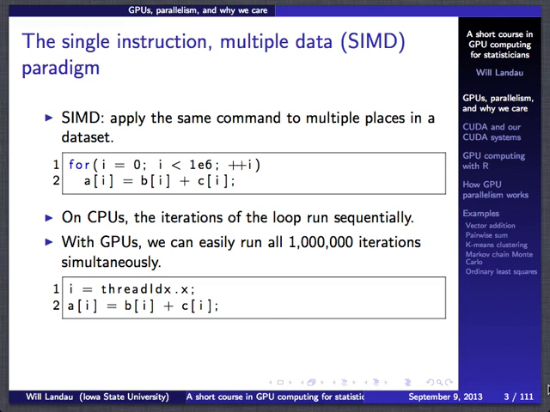We're going to split up the instance of your program into a lot of different threads, and those threads are going to run all at the same time. And you get much, much faster computation on the GPU for reasons that I'm going to explain later.